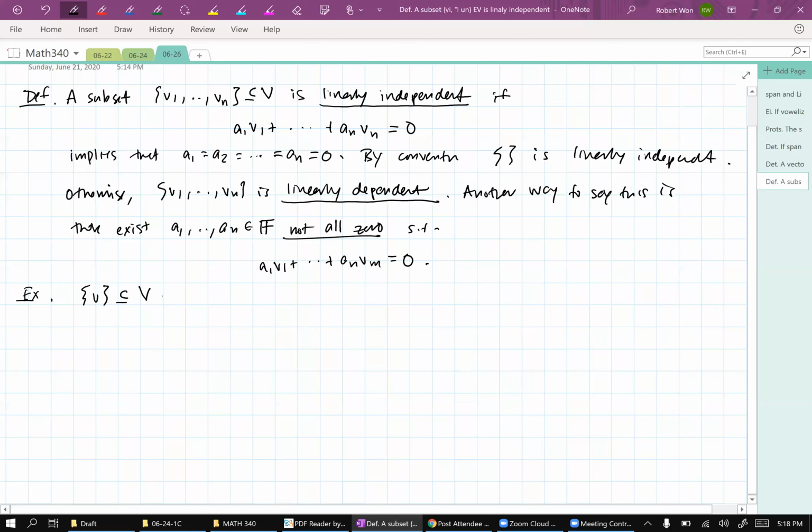So to be linearly independent should mean that the only scalar multiple of this vector which equals 0 is 0 times v, which is the same thing as saying that v is non-zero. So this singleton set is linearly independent if and only if v is non-zero. If v is 0, this set is linearly dependent because, for example, 2 times the 0 vector is 0. That's a non-trivial linear combination which equals 0.